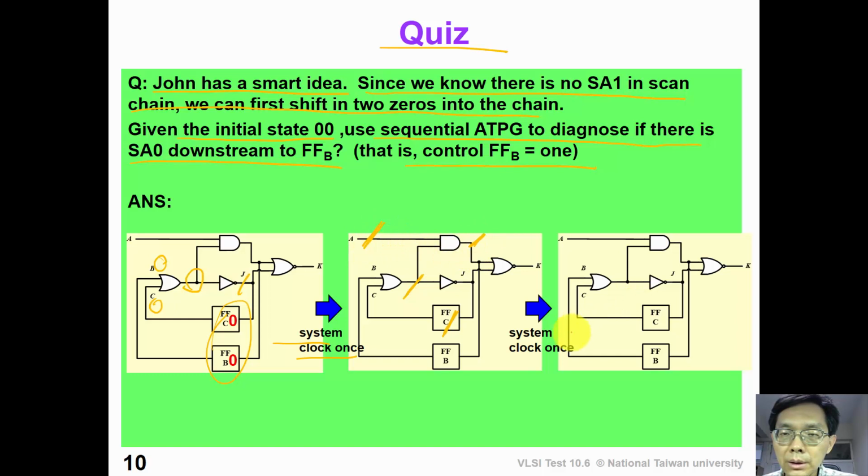So in the third time frame, flip-flop B will become 1. And then we can shift out the contents of the scan chain. If we observe a 1 correctly at flip-flop B, then we show that there is no stuck-at-0 fault downstream to flip-flop B. So this is a smart modification proposed by John. Have you got it correctly?